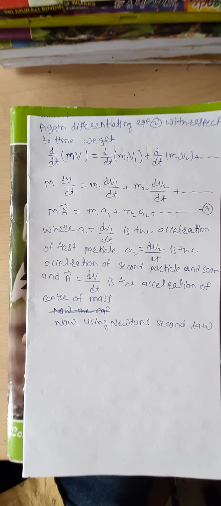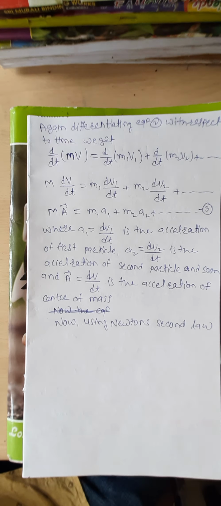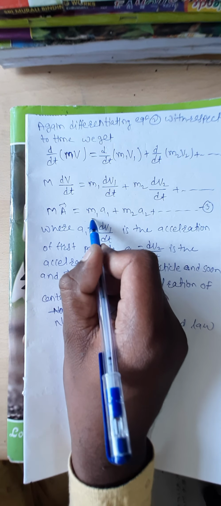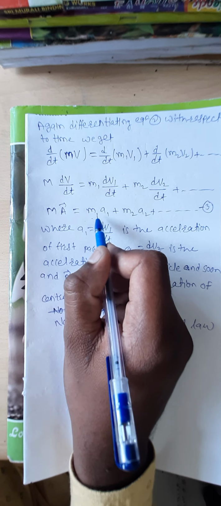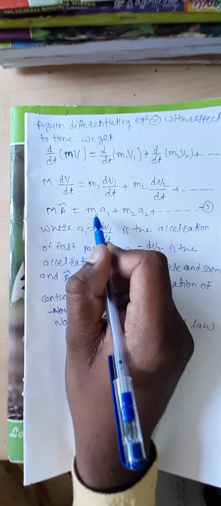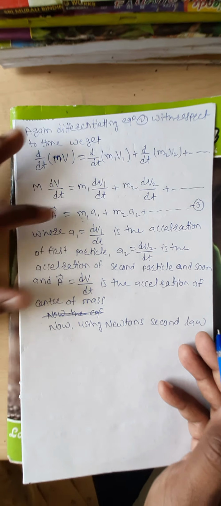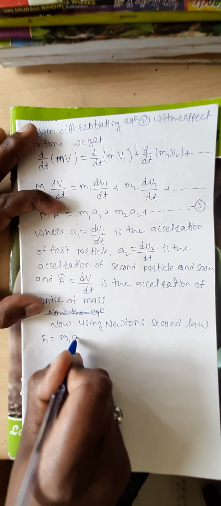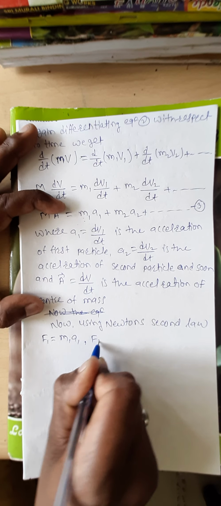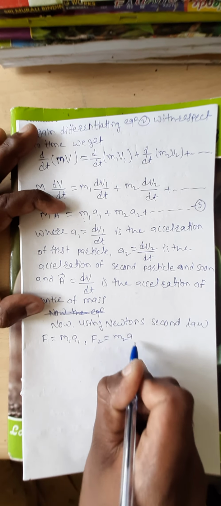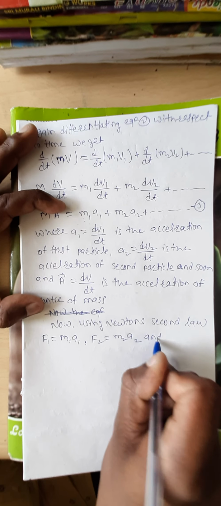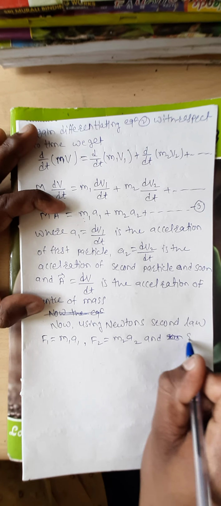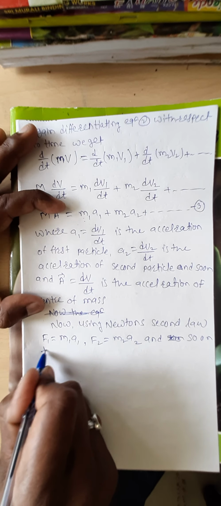Mass into acceleration is nothing but force. Therefore, by using Newton's second law, m1 a1 is nothing but F1, F1 is equal to m1 a1, F2 is equal to m2 a2, and so on.